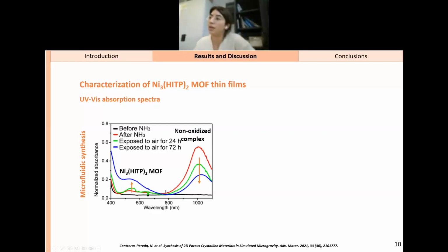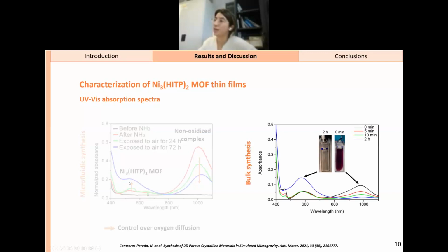But then this band gradually decreases, and instead the characteristic band of the nickel HITP MOF is formed, which is around 530 nanometers. So this shows that we have control over the oxygen diffusion, as well as the ammonia, let's say.